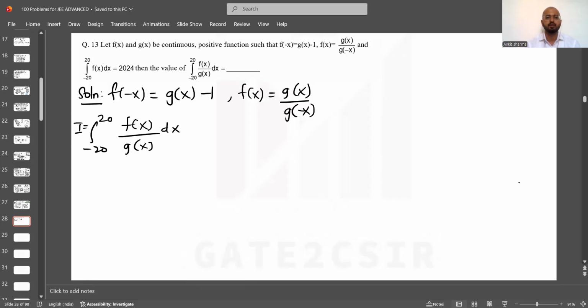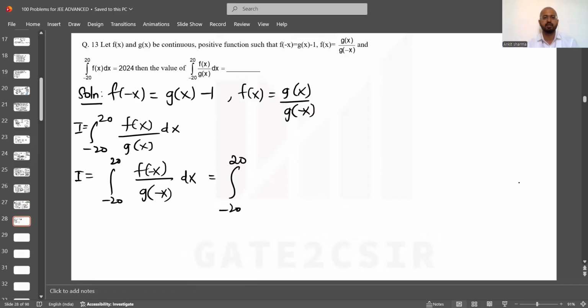So when nothing works, we can simply apply King's to get the integral from minus 20 to 20 of f of minus x over g of minus x dx. Now, this could be written as the integral from minus 20 to 20 of f of minus x times something of minus x.